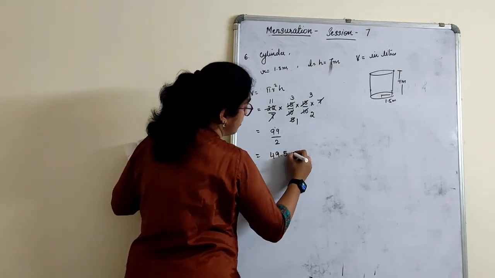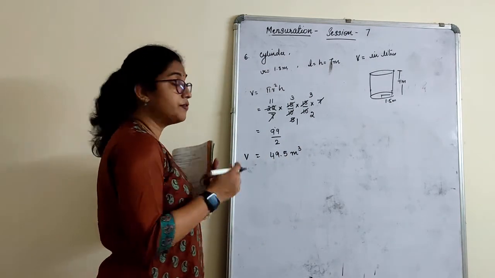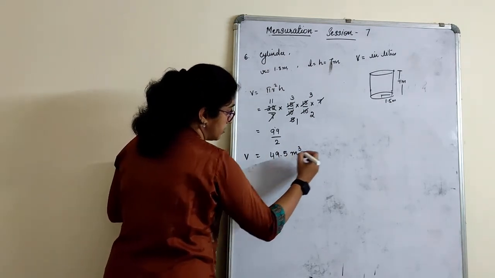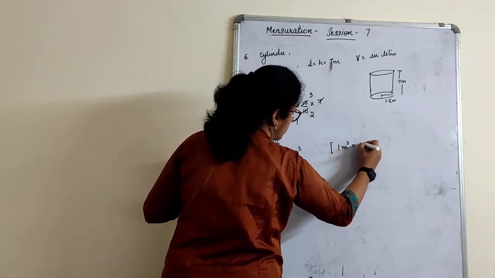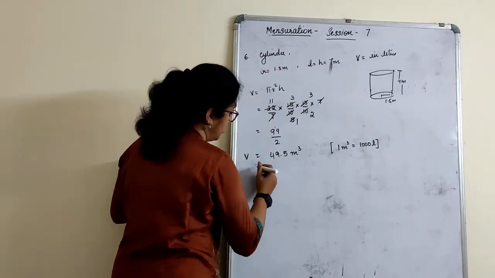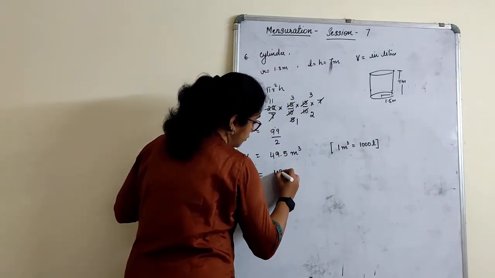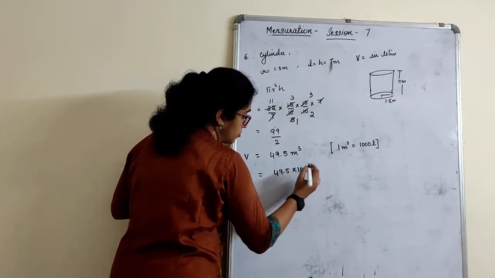Answer will be in, children, meter cube. But we want answer in terms of liter. See here, I'll write here: 1 meter cube is equal to 1000 liter. This is the conversion. That is equal to 49.5 into 1000.